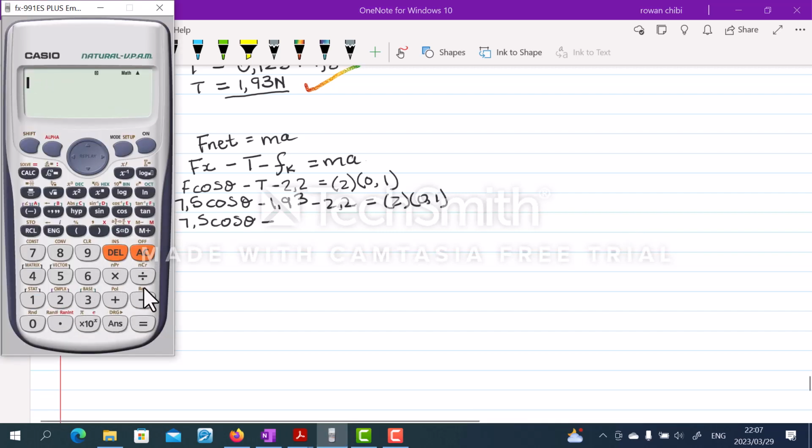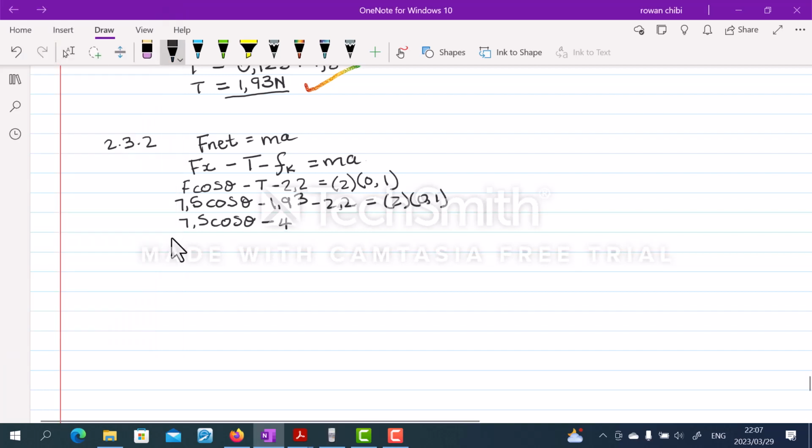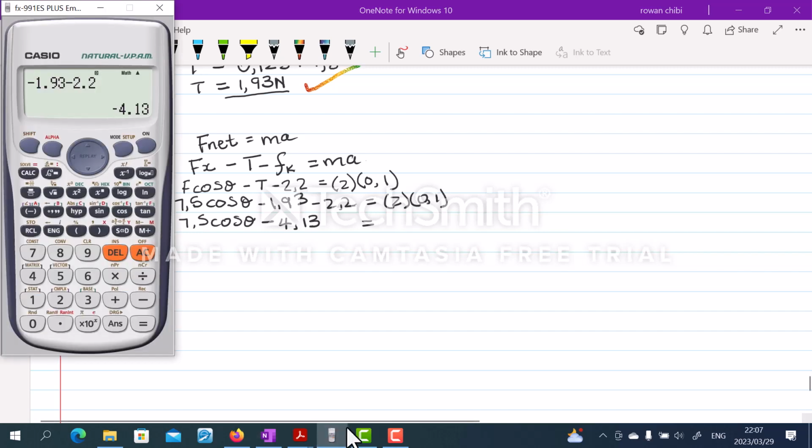Negative 1.93 negative 2.2, then we get negative 4.13, equals 2 times 0.1, which is 0.2.